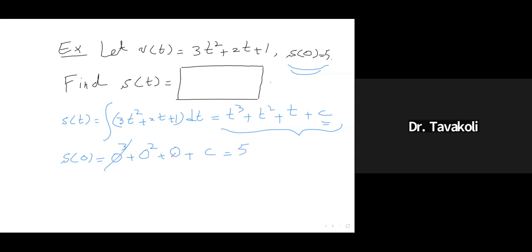So the other terms are 0, and c is just 5. Meaning that the answer is t cubed plus t squared plus t plus 5. Since the information about s at 0 is given, we are able to find the constant value at the end of the answer.